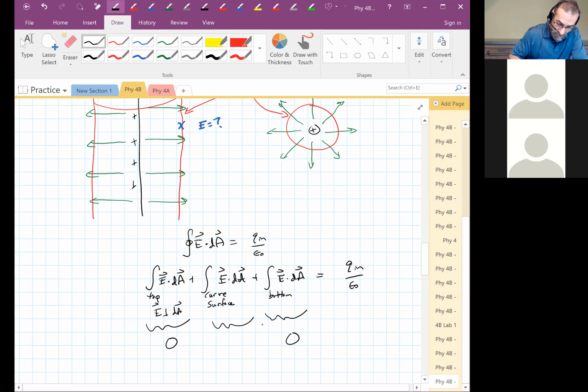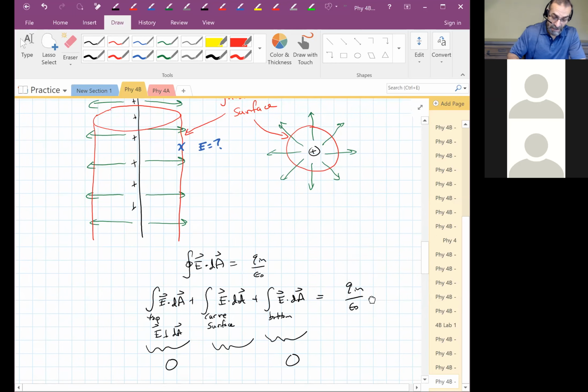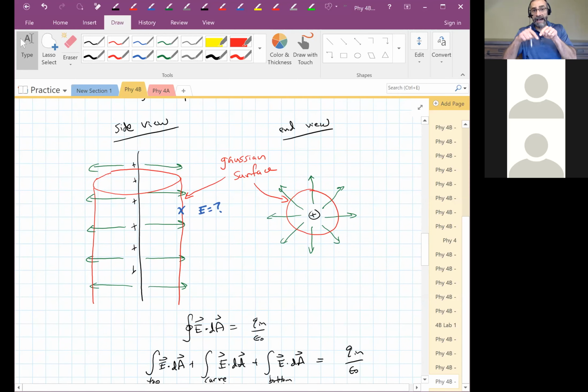And what does this one give us? Over the curved surface, E is constant, right? Because E only depends on how far away. In order to use Gauss's law, you have to know a little something already about the electric field. And in this case, we can see that it's going to depend on the radius.